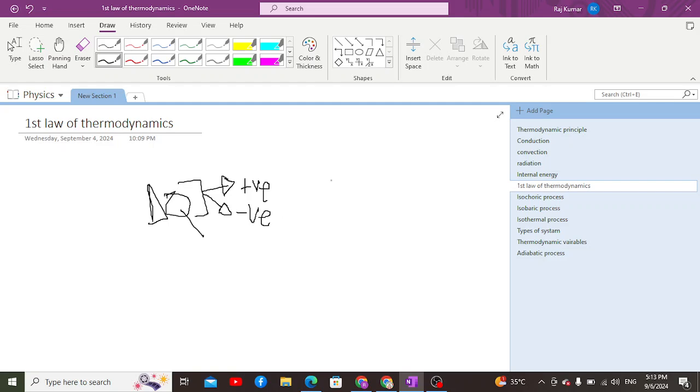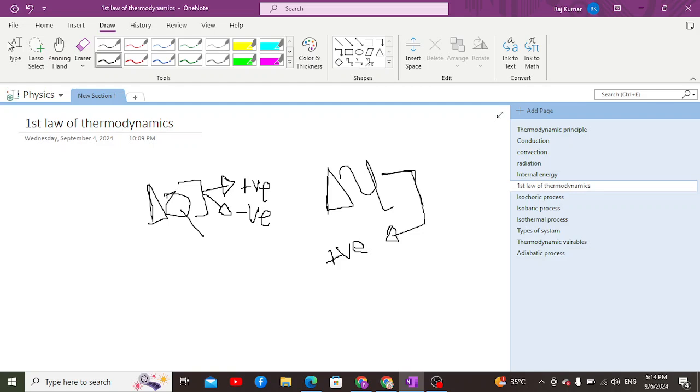Likewise, another thermodynamic variable is del U, the change in internal energy, not internal energy, but the change in internal energy. Del U is taken positive when the temperature of the body increases, when the kinetic energy of the body increases.